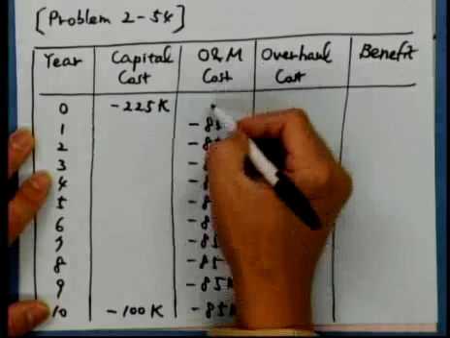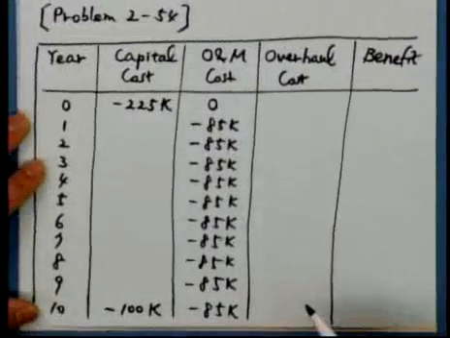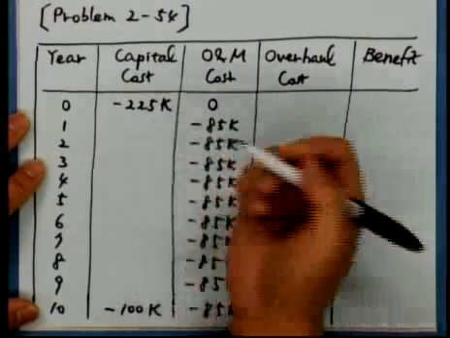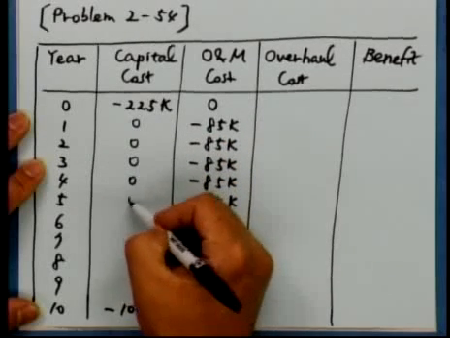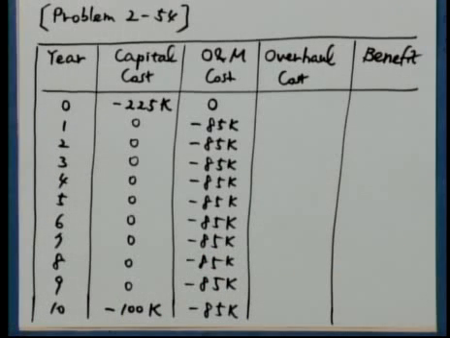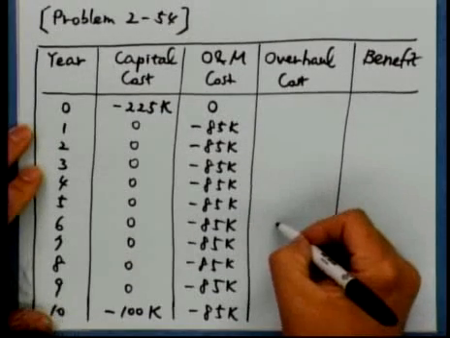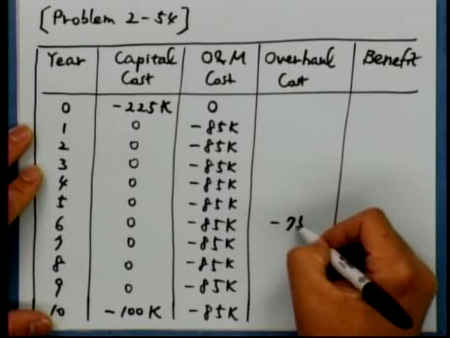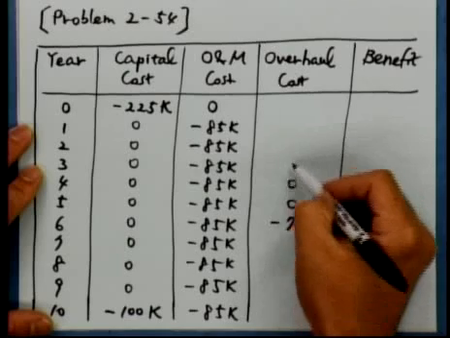Okay, of course, we don't have any maintenance cost at the end of year 0, and there will be no capital cost here. Okay. What about overhaul cost? It's going to be $75,000 in year 6. So you need to put negative 75K. And all others would be 0.